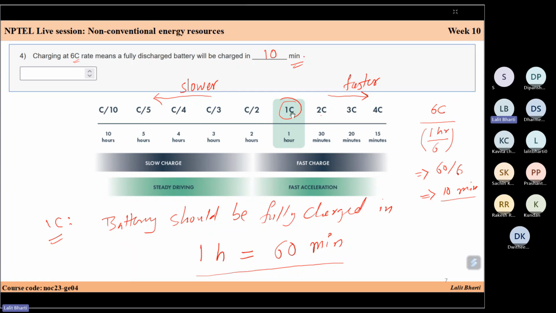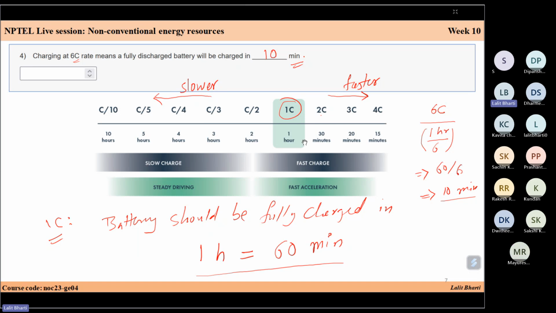So what is the importance of the C rates and the charging rates? It is evident that if you charge your battery slower... let's take the example of your mobile phones. Why is the suggestion given to charge your battery with slower rates?